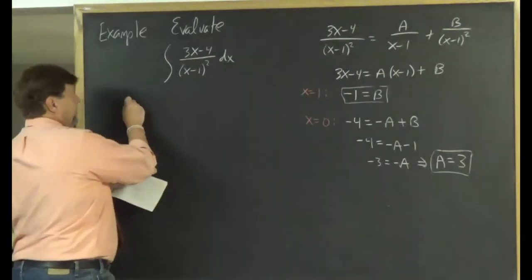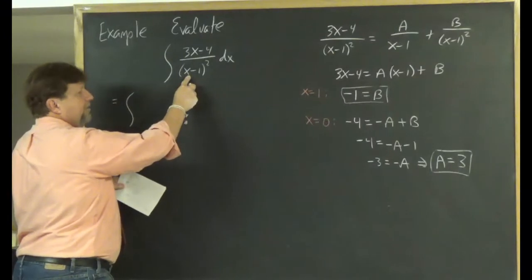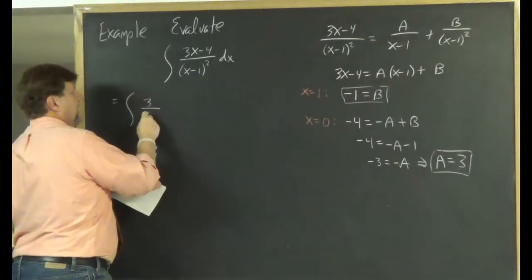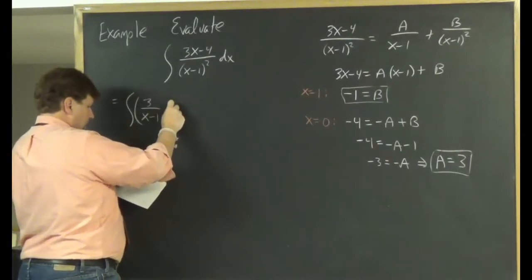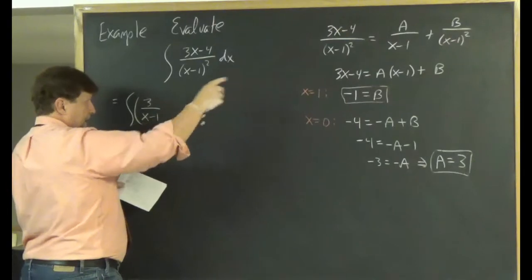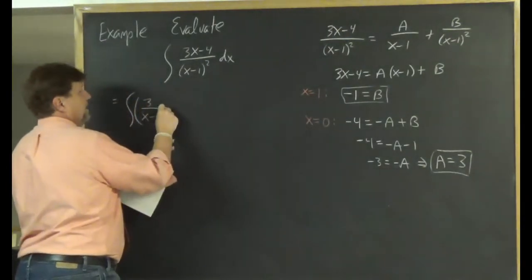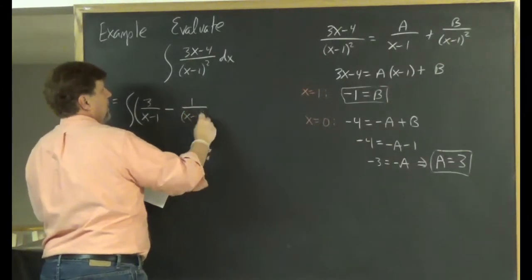So my original problem, I can rewrite as a over x minus 1, so that's 3 over x minus 1, plus b over x minus 1 quantity squared. Well, b is negative 1, so I'll make this minus 1 over x minus 1 quantity squared.